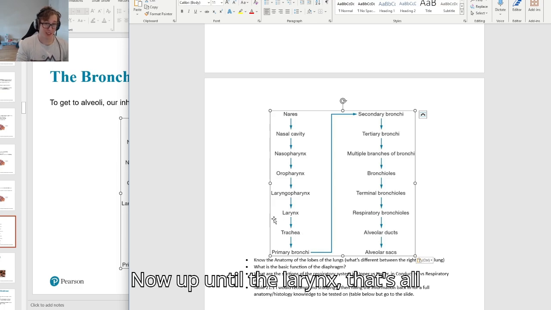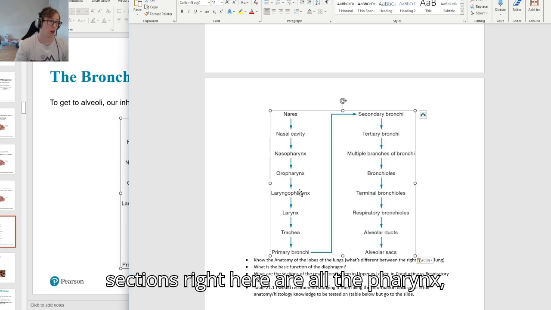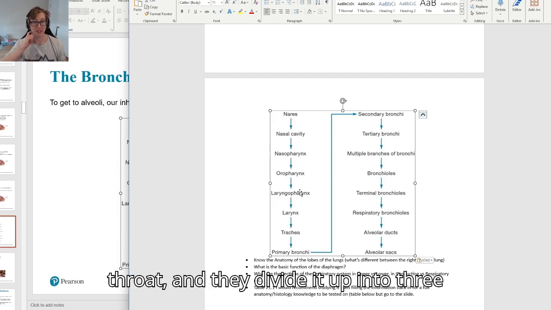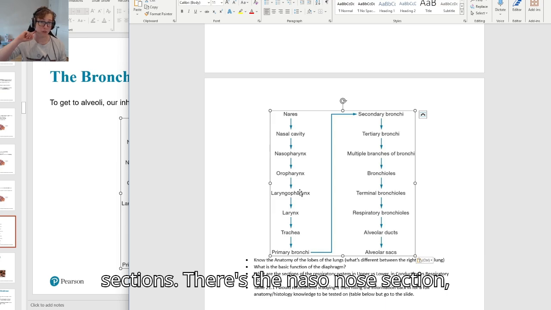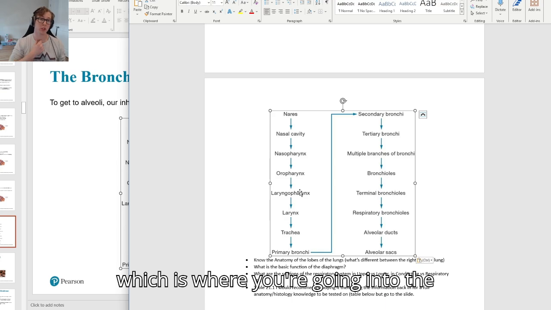Up until the larynx, that's all upper respiratory system. These 3 sections are all the pharynx, which is essentially the back of your throat, divided into 3 sections: the naso, nose section, oro, mouth section, and laryngo, which is where you're going into the throat.